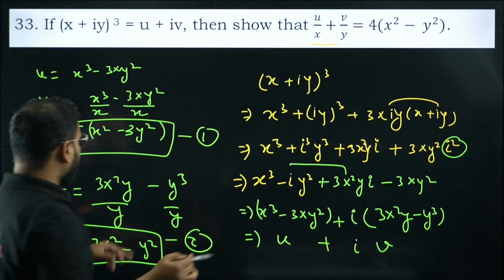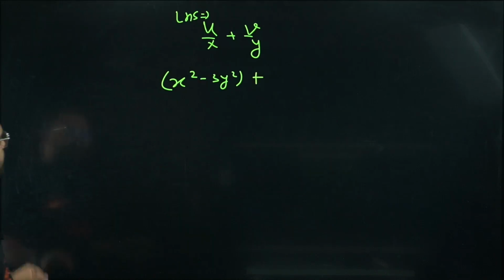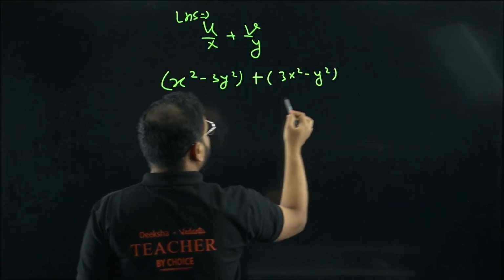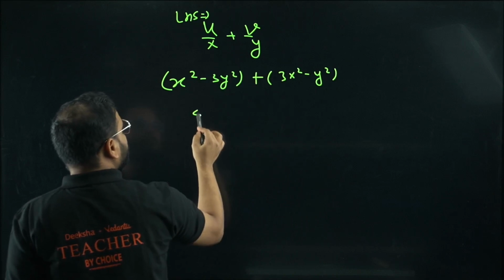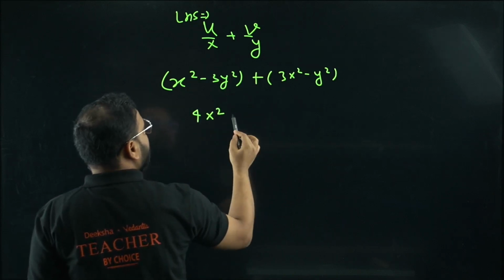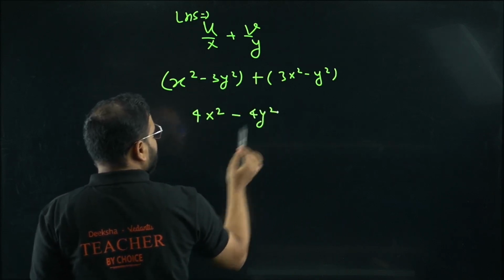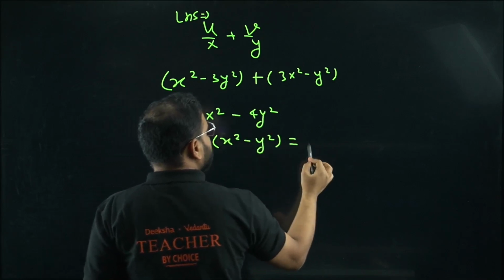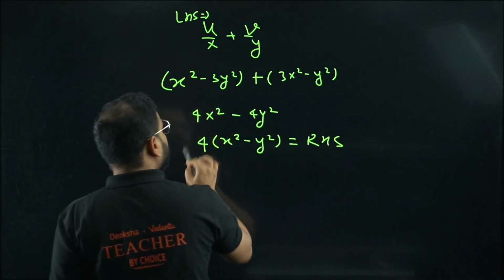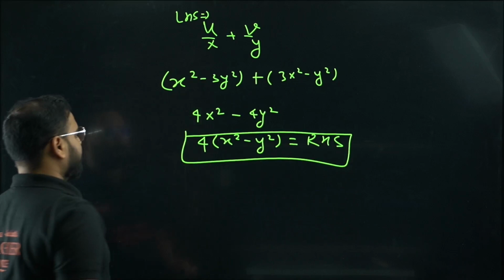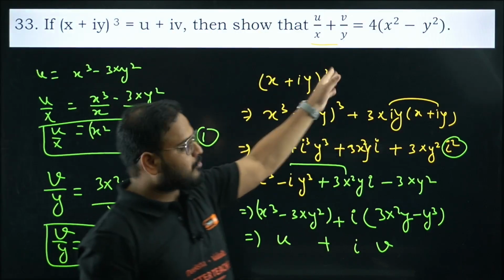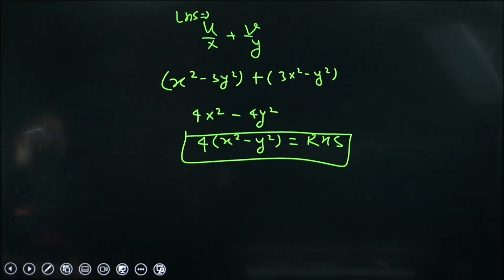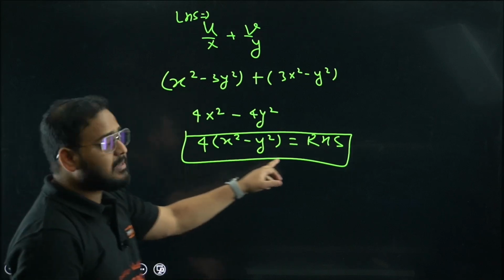V by y is 3x square minus y square. Check this out: 3 plus 1, so 4x square. Again minus 4y square. Take 4 common. What I get? Simply equals to the RHS: 4 times x square minus y square. Over here also, have a look. This is done. Same thing is coming.